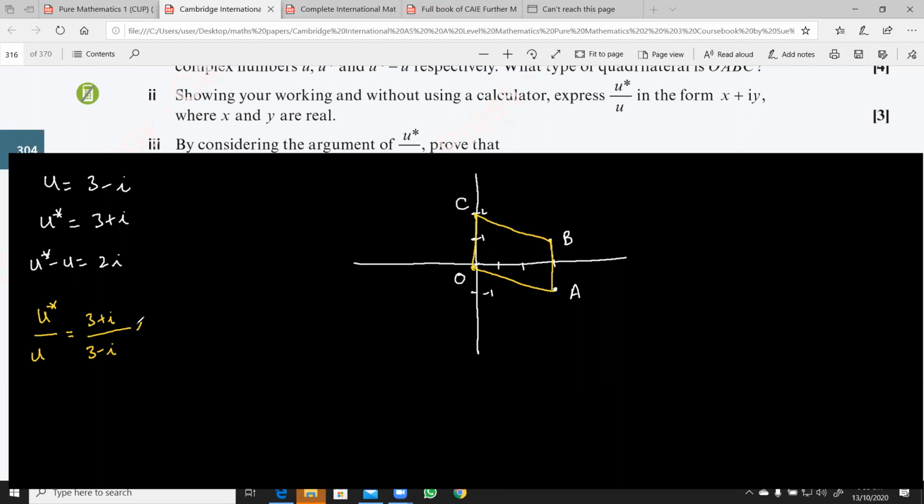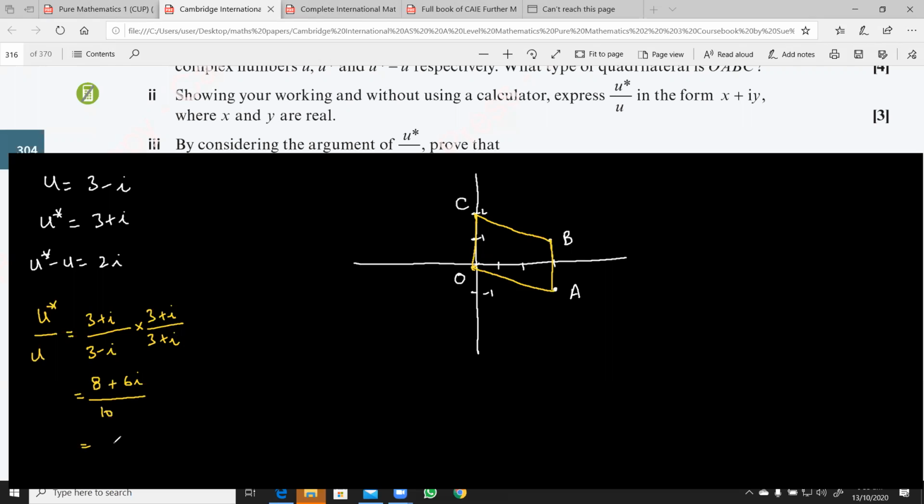Yes, you will be multiplying and dividing it by 3 plus i over 3 plus i. So if you knew what is 3 plus i whole squared, then you can easily see that this is 8 plus 6i over 10.